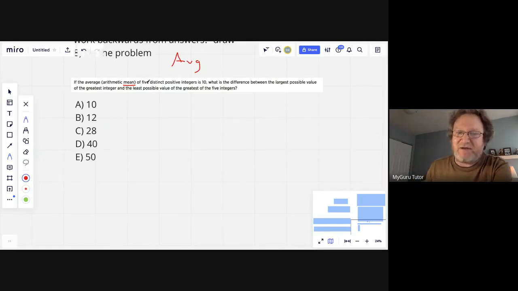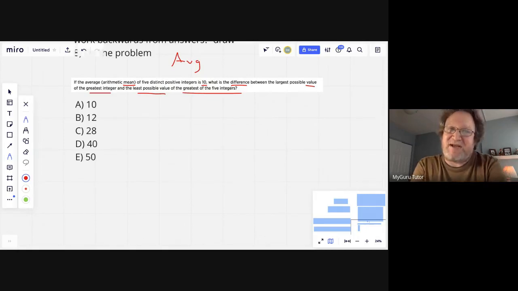Okay, what else do we have? The average is 10. That gives us some information. Then what do they want? They're asking for a difference between the largest value of the greatest integer and the least value of the greatest integer. The wording in this problem is not great, but you're going to find that the wording is sometimes not all that clear. So what you need to do is take a little bit of time to break it down. They're looking for a difference.